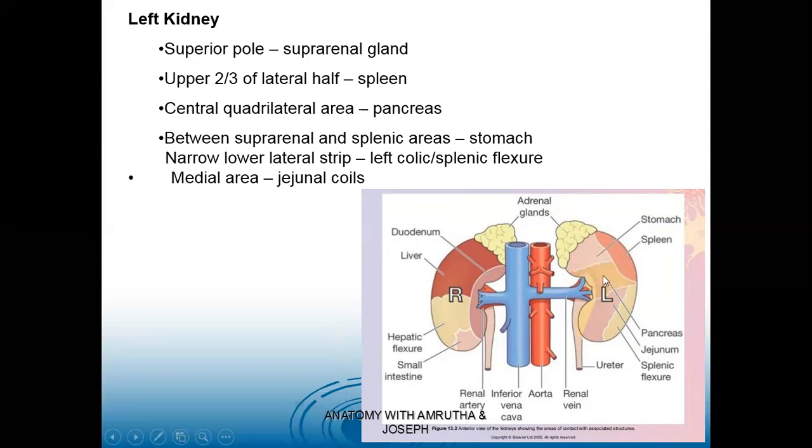This is the splenic area and this is the pancreatic area. A narrow strip seen on the lateral side is related to the left colic flexure, which is the junction between the transverse colon and descending colon. And the most medial area is related to the jejunal coils.